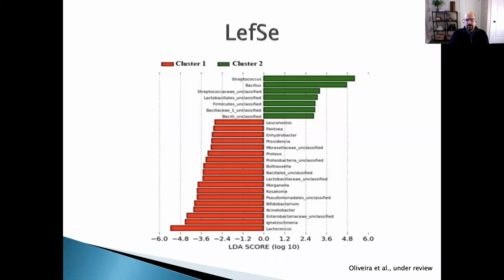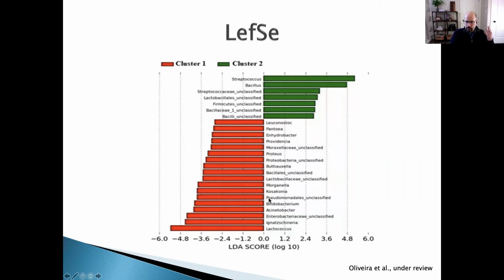And what we get is a plot more or less like that, saying, okay, in cluster two, you had a lot of Streptococcus, a lot of Bacillus that were meaningfully different between those two clusterings. And in cluster one, you had this type of bacteria here. Okay?